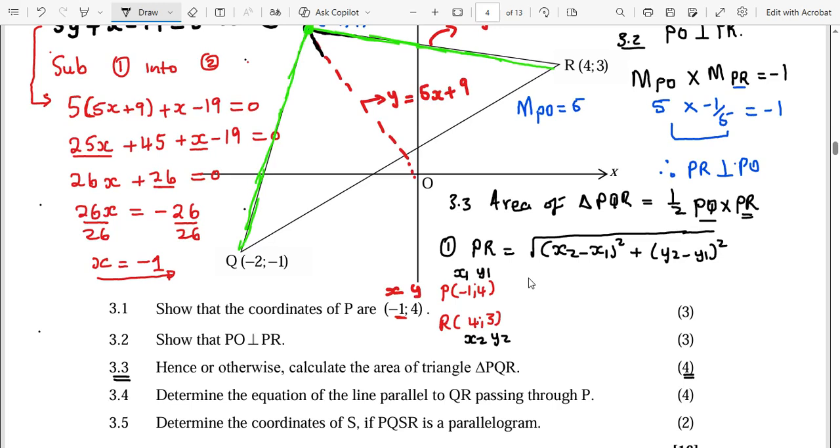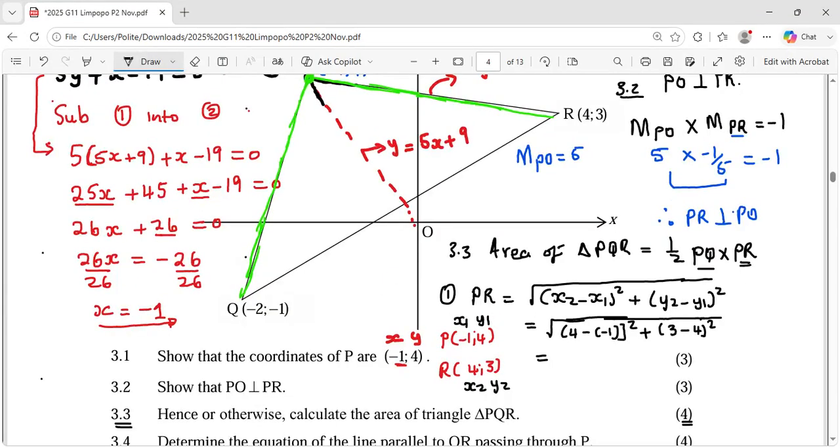Now I can do the substitution in this equation. Let's see what we get. Where there's x2, we put 4. Minus x1, it's minus 1. We should put it inside the bracket and everything squared. Your y2, that's 3, minus your y1, that's 4, everything inside the bracket. If we punch this on the calculator, let's see what we get.